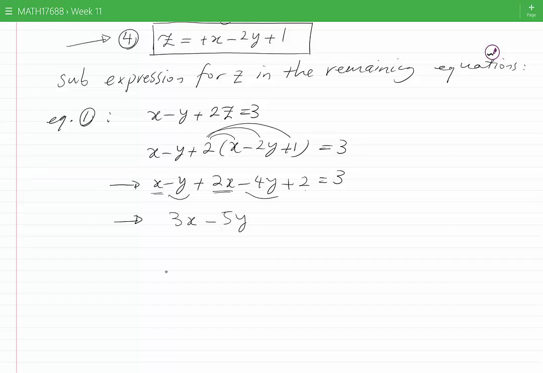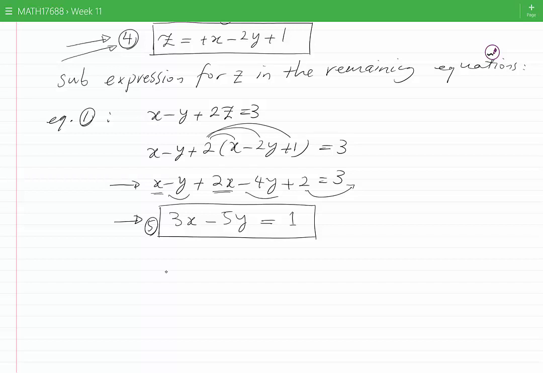The 2 can go to the other side, 3 minus 2, or 1. I call this equation 5. We found equation 5 by plugging in the expression for z in terms of x and y into equation 1.